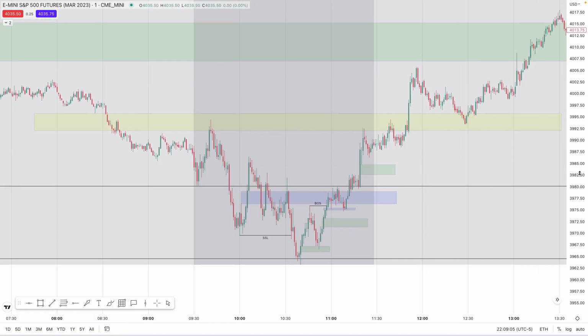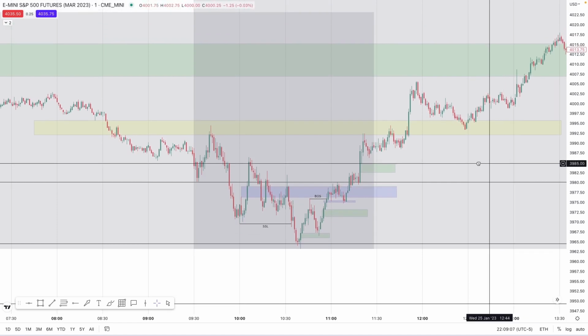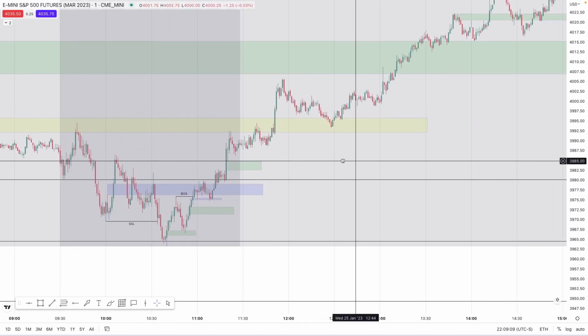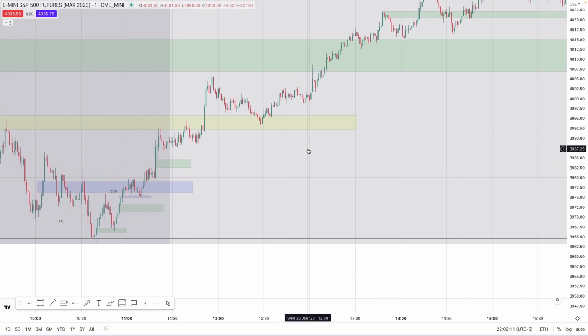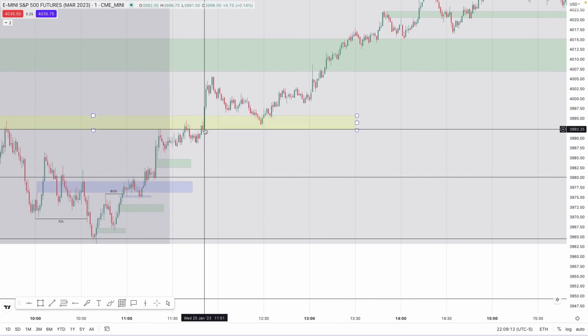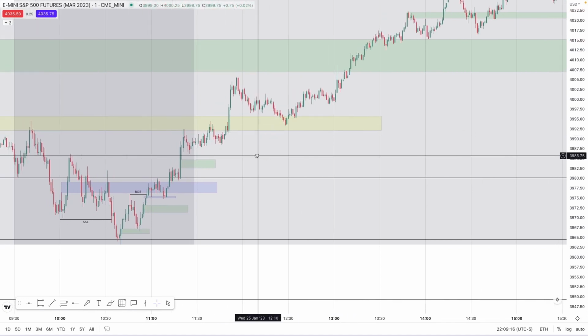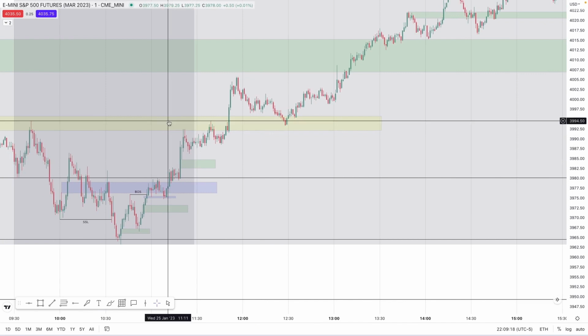Okay, moving forward with our price action. We have this break of structure, okay, on a higher time frame.